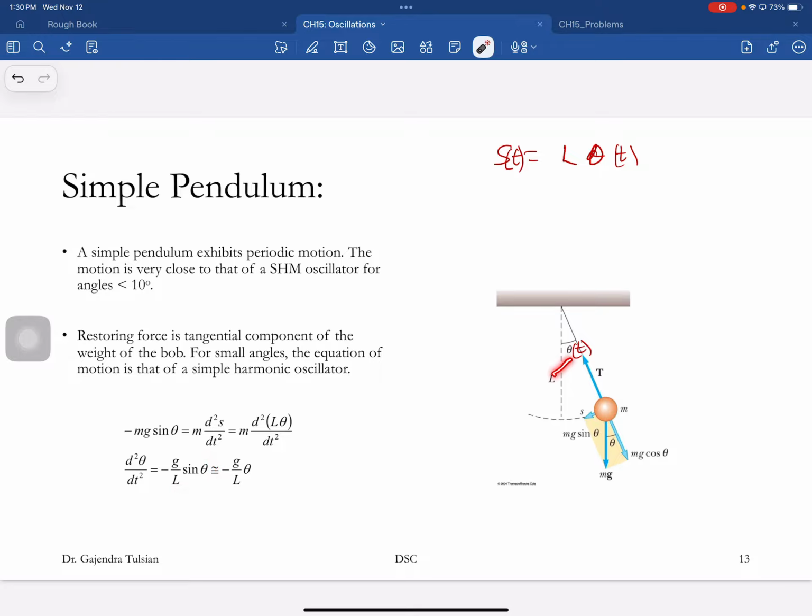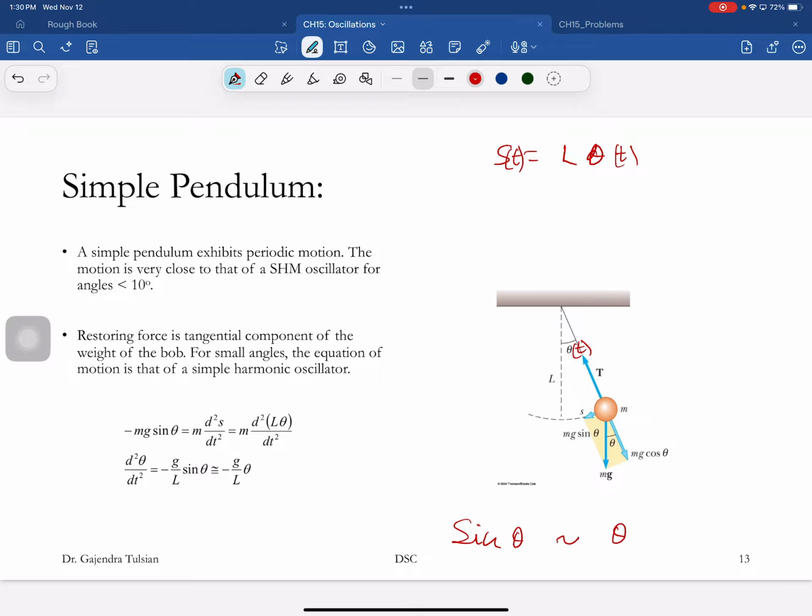And if the angles are small, you can test this in your calculators, put it in radian mode. As long as theta in radians is less than 0.1 radian, then sine theta is approximately theta. So put your calculator in radian mode, do sine 0.05 radian, and you'll get 0.05.